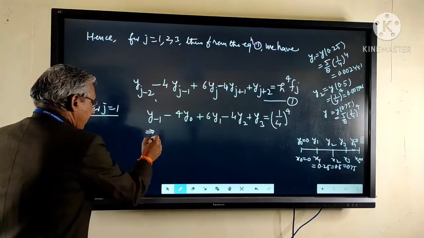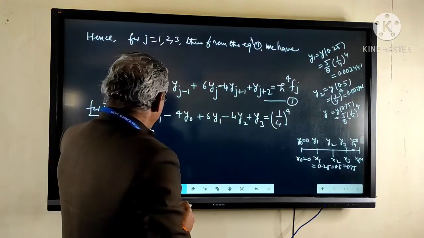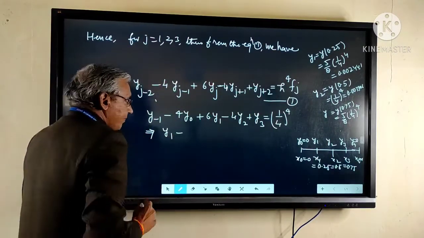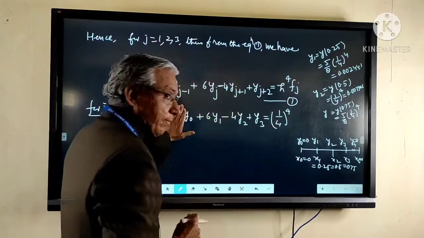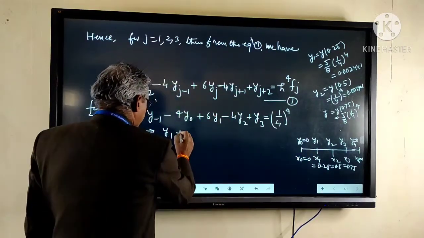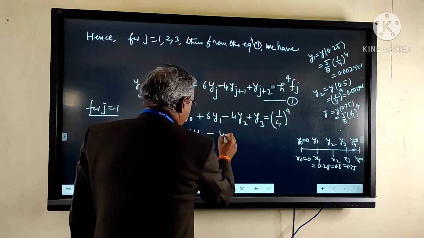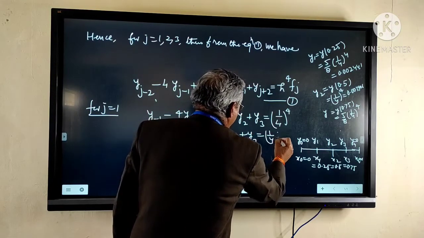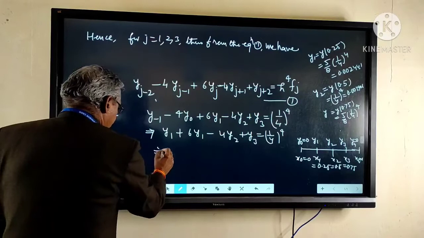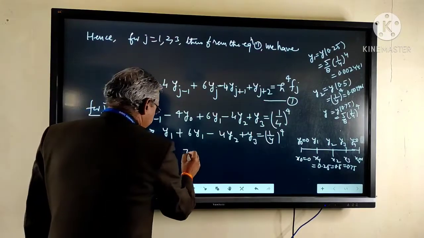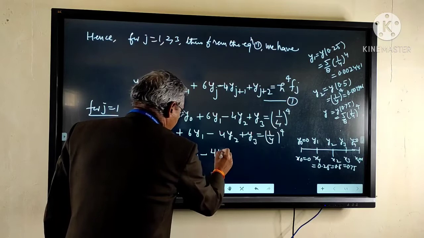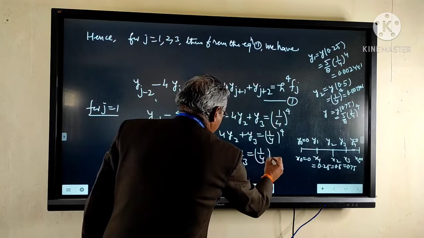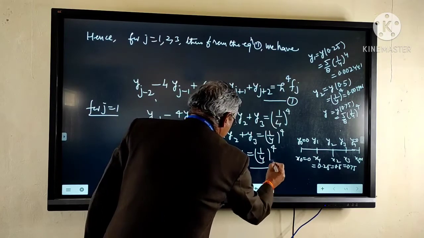This equation reduces to: y_{-1} equals y1, so y1 minus 4 y0, where y0 is 0, so this term becomes 0, plus 6 y1 minus 4 y2 plus y3 equals 1 by 4 to the power 4. This becomes 7 y1 minus 4 y2 plus y3 equal to 1 by 4 to the power 4. Suppose this is equation number 2.